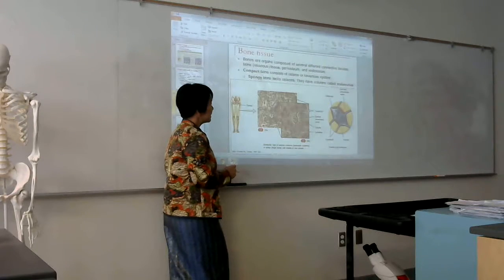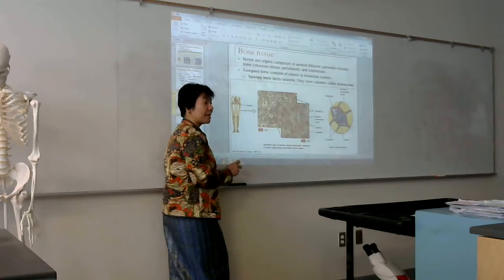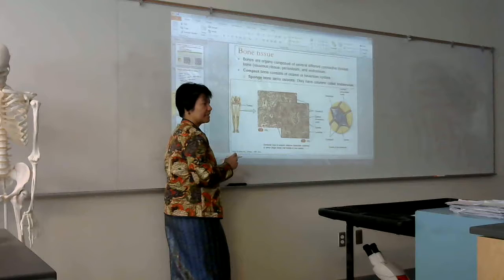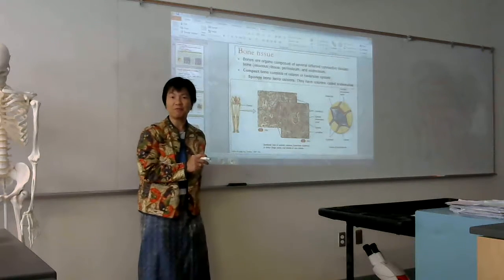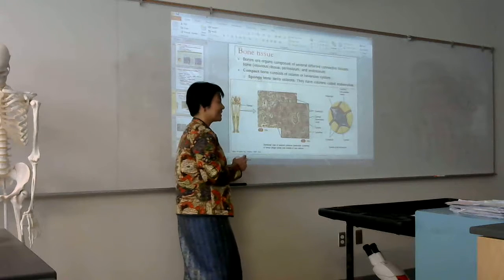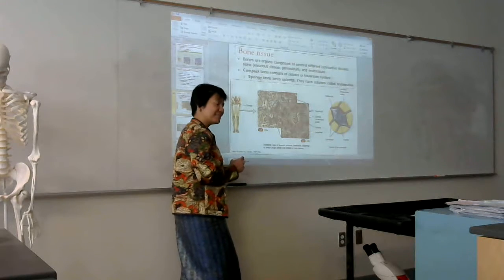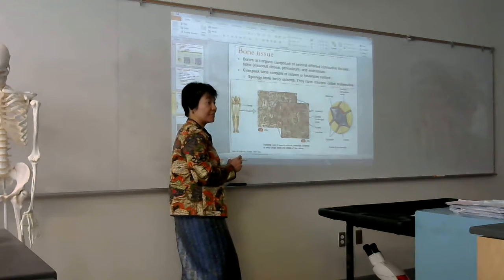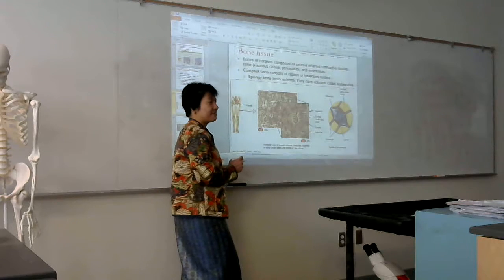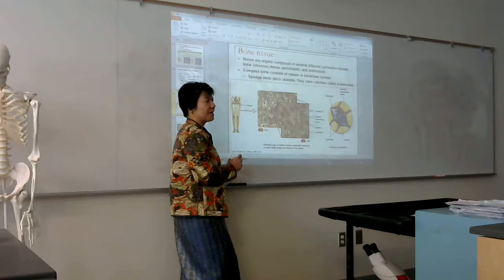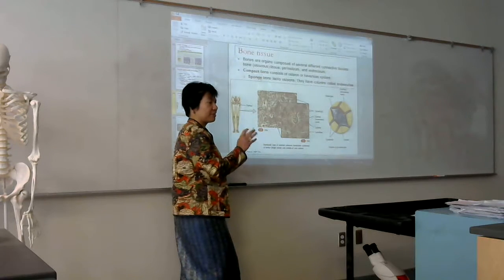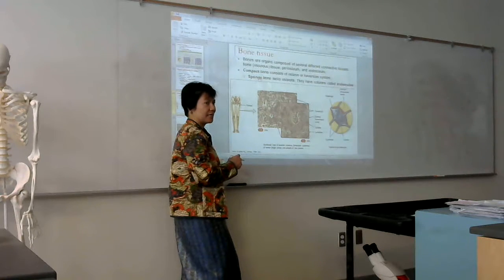What's the most abundant mineral you find in bone? That's a favorite question of mine. Yes, calcium. What vitamin is important for absorption of this mineral? D. Very good. Students write vitamin E, vitamin C. I think they forget. They just write whatever vitamin comes to their mind.